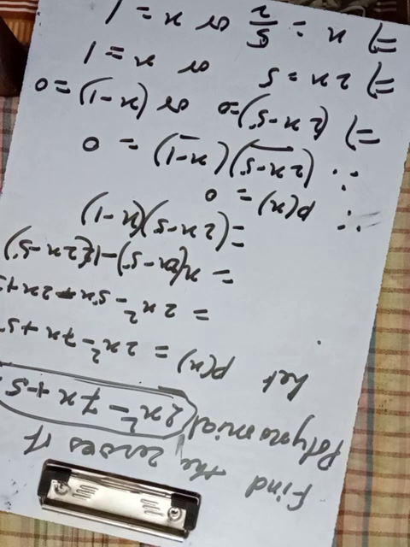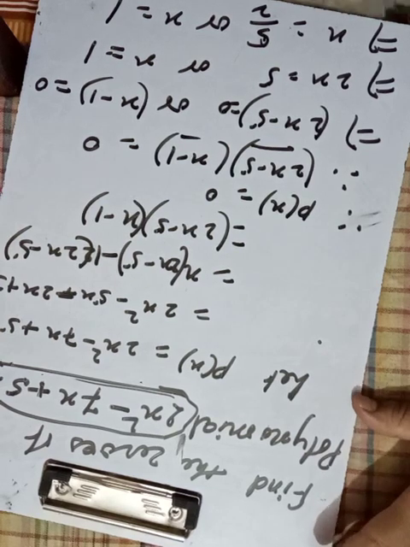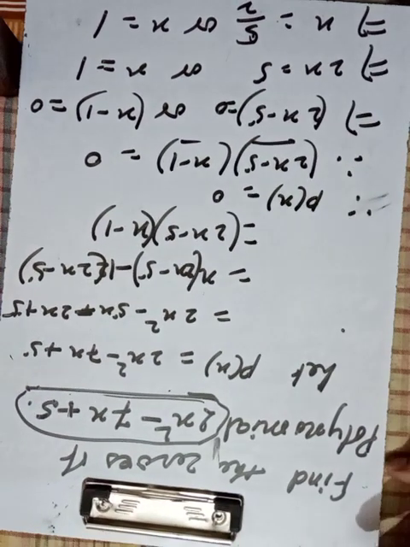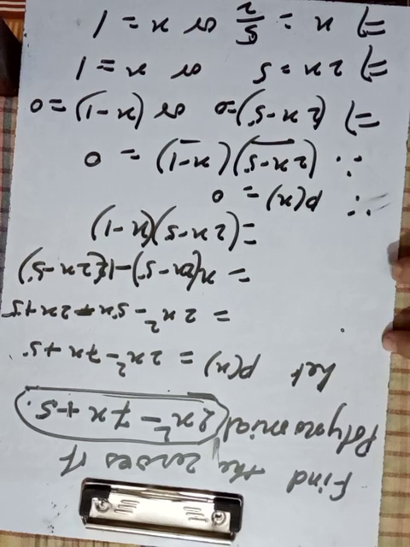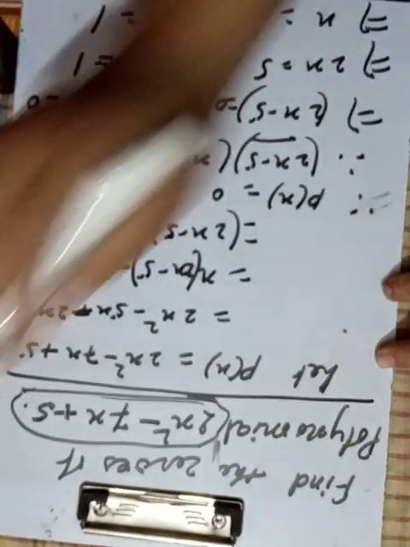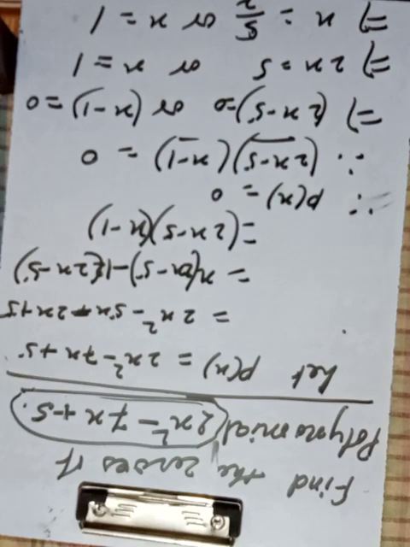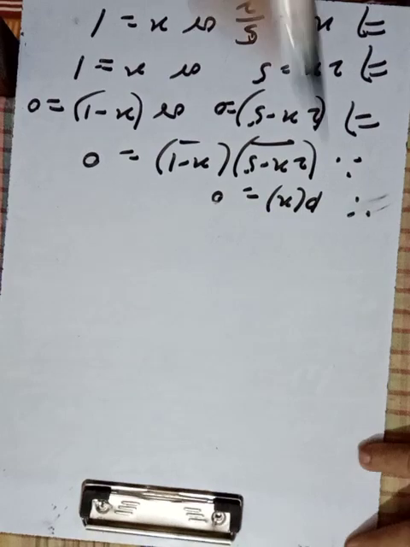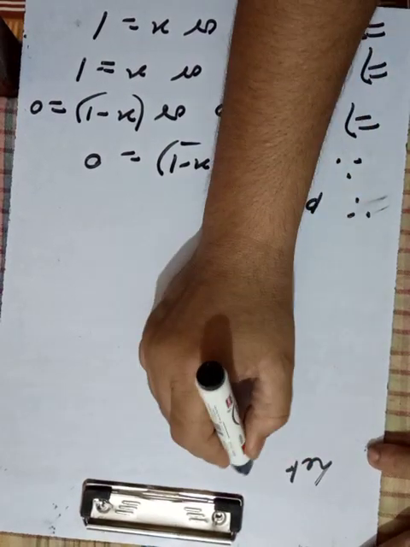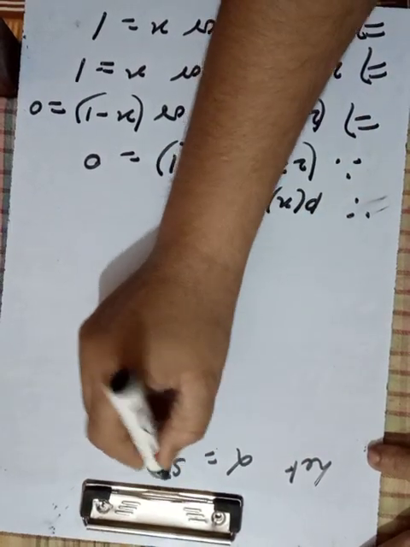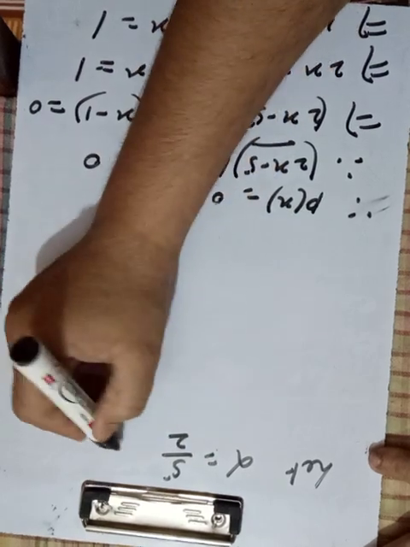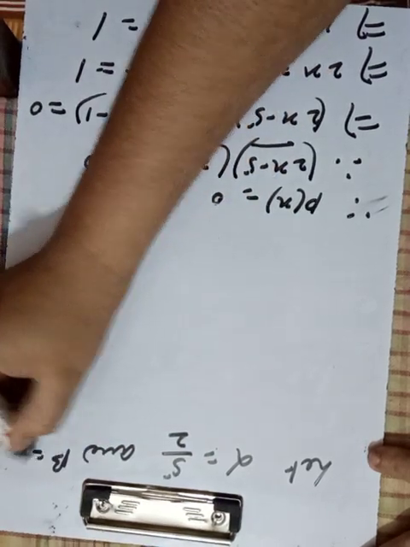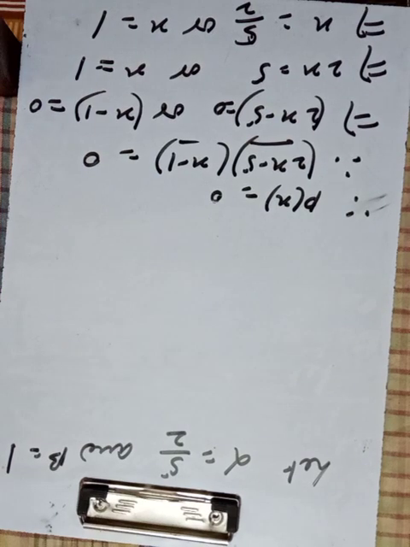So I have got the zeros of the polynomial. Now I have done my first part, find the zeros of the polynomial. Now I have to go for verification of the zeros. So for that, let one of the zeros be alpha. Let alpha is equal to 5 by 2 and beta is equal to 1.